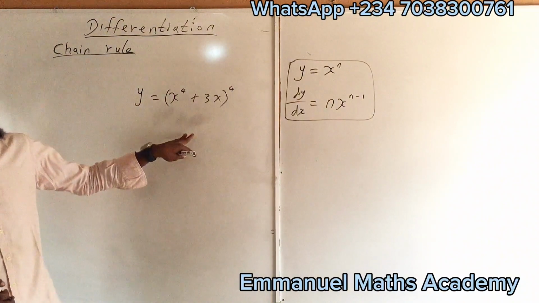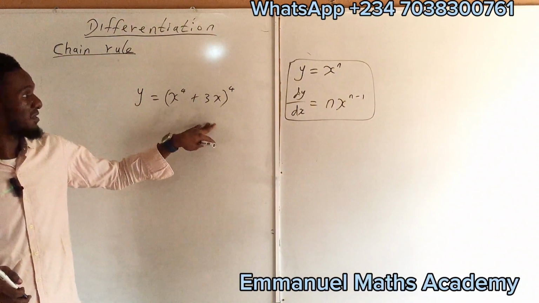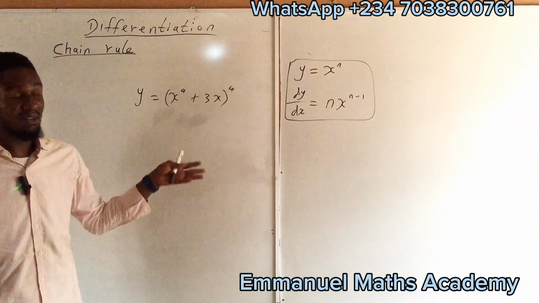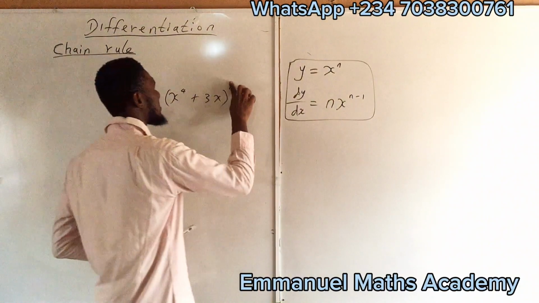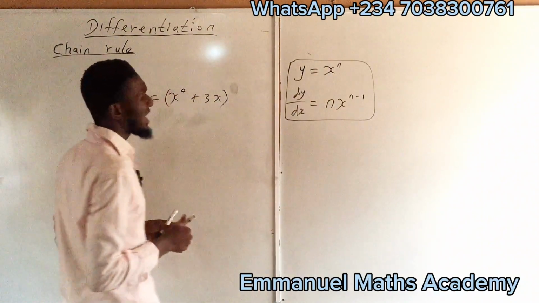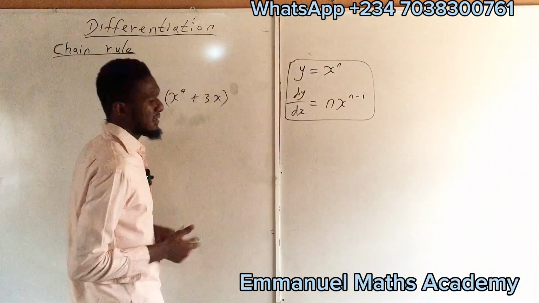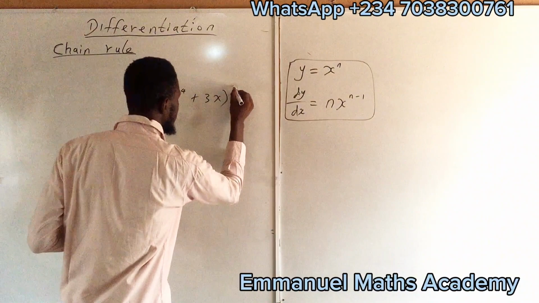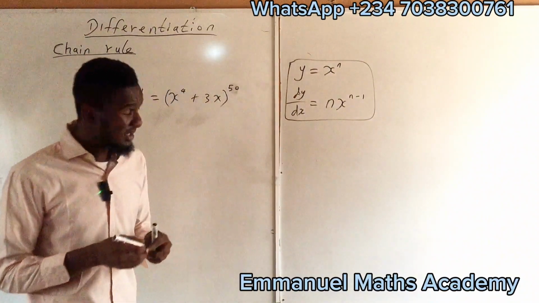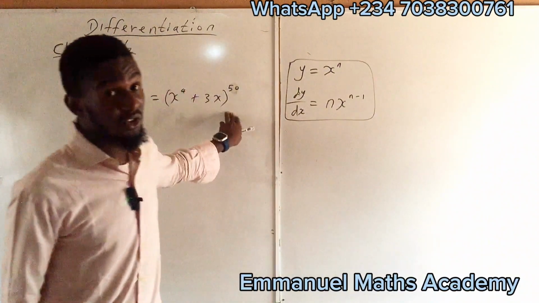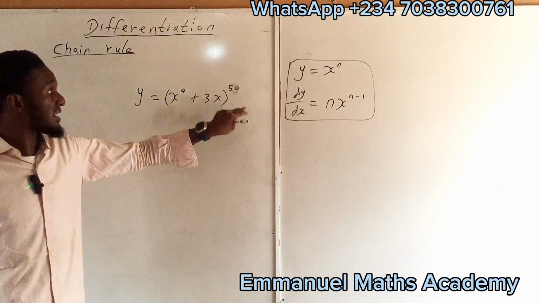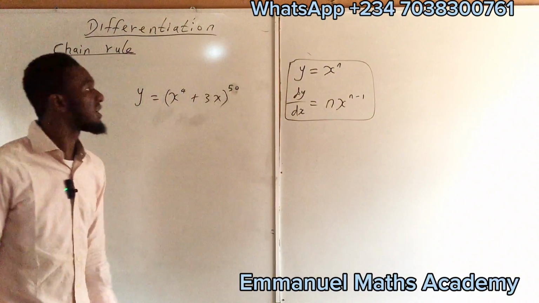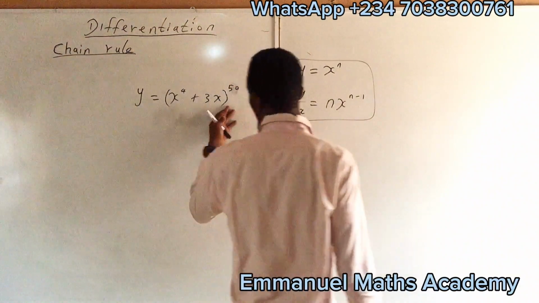You do the same thing using binomial expansion, or you distribute them and expand them. And what about if you have this number to be so high that this is maybe 50? How do you go about this? Do you continue using binomial expansion? No. There must be a way to go about this.